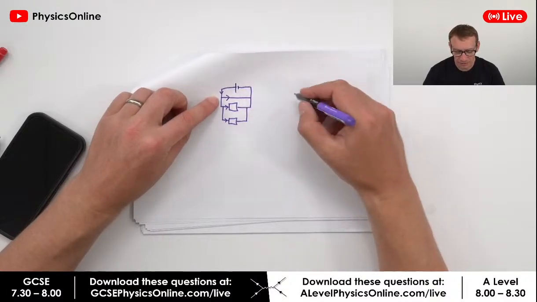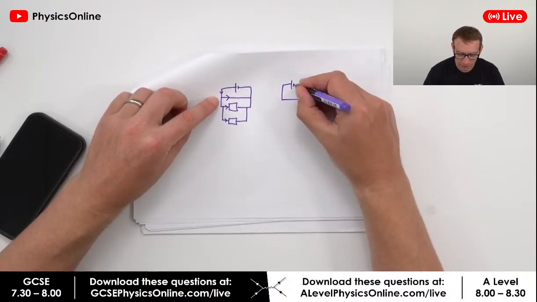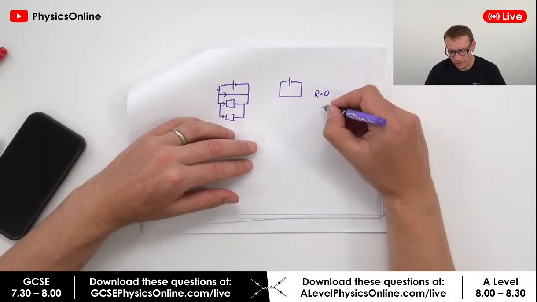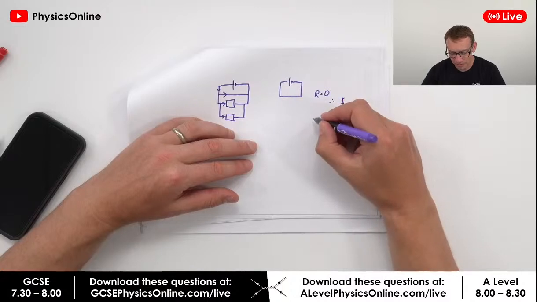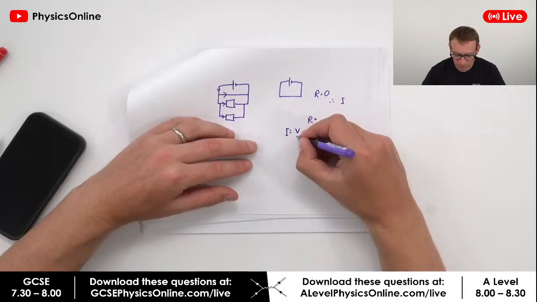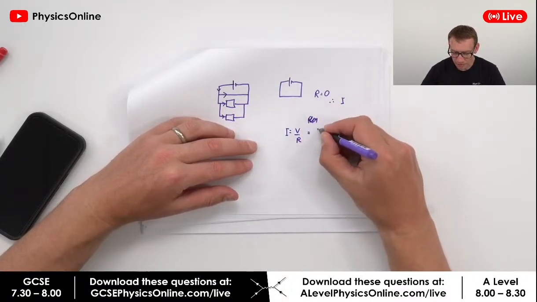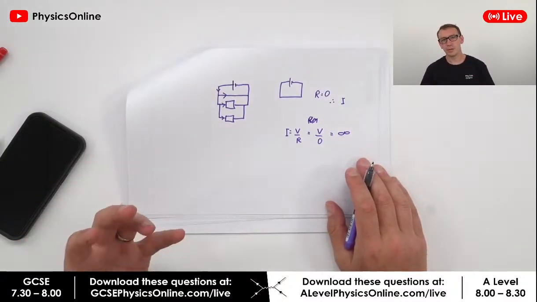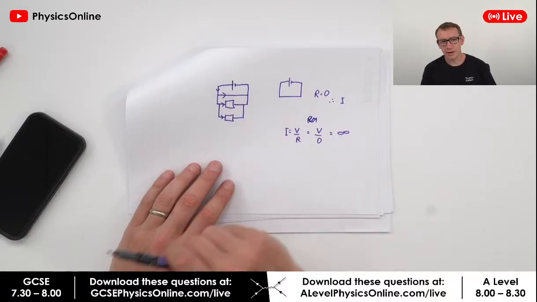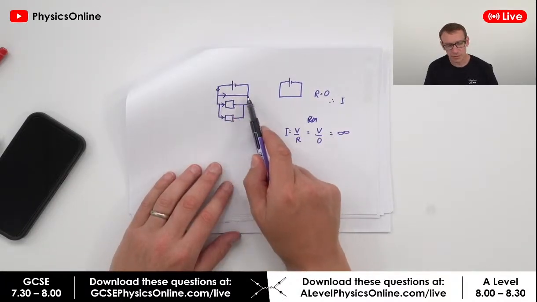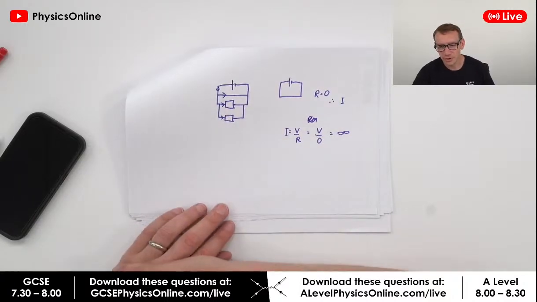If we have ideal wires we know that the resistance is 0, and therefore the current I is equal to V over R, which is V over 0, which is kind of infinite. Now of course that's if we had ideal wires, but in reality all our wires still have some resistance. But basically, if you've got this loop here with just a wire, then we assume there's no resistance and it's a short circuit.